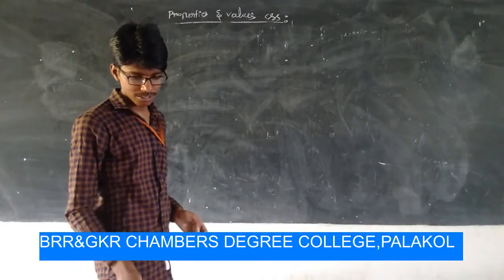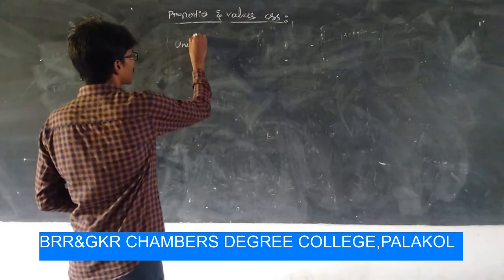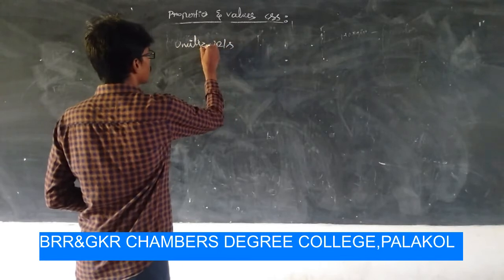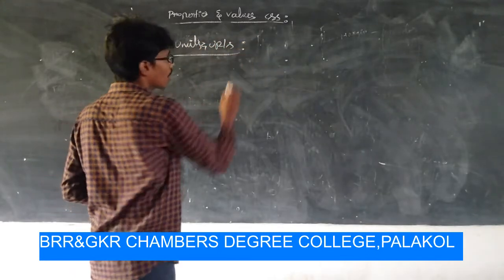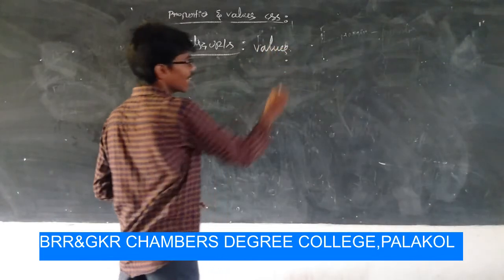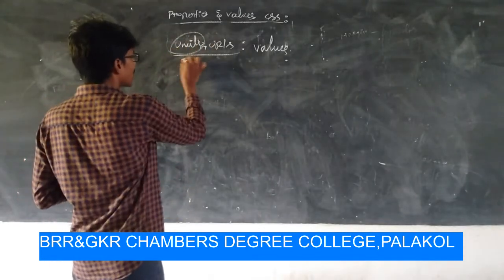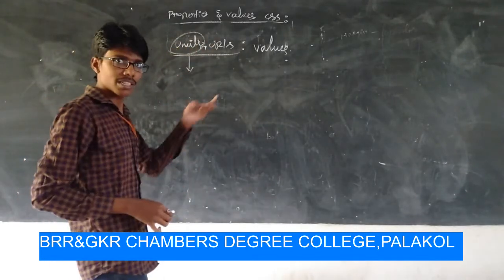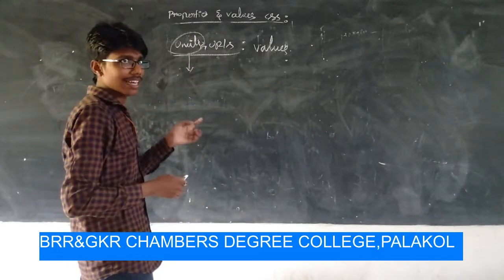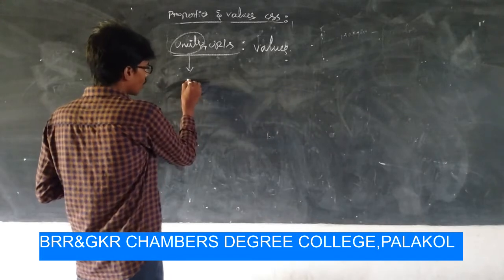The last property value is units and URLs. Units and URLs are not properties. These are the values for what we represent in the previous properties. Units are nothing but the values we represent in the earlier property values. For example, we take the length, height, width, these values for representing points.